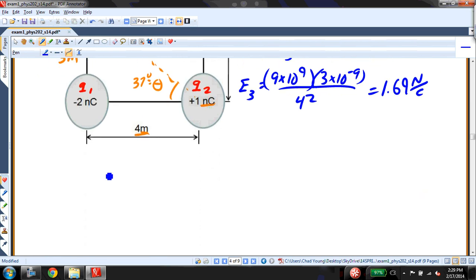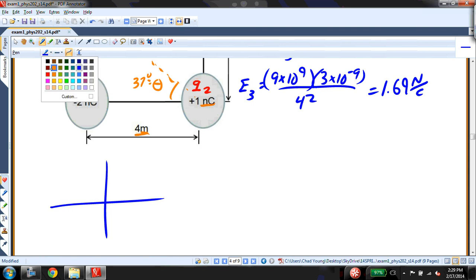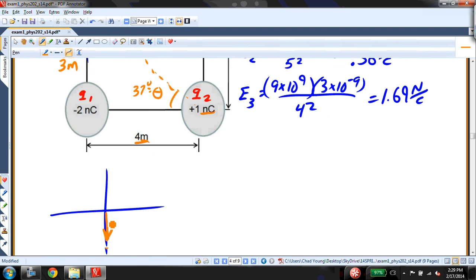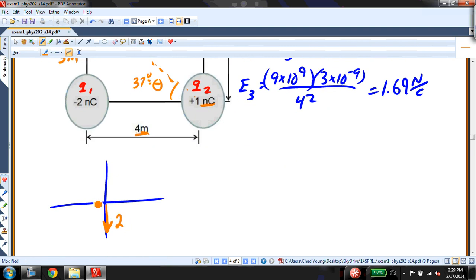Let's redraw this, and then we'll do the vectors. Let me draw E1 first. E1 had a magnitude of 2. E2 had a magnitude of 0.36.